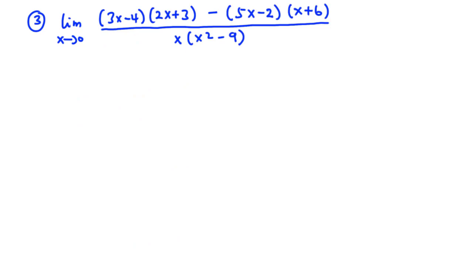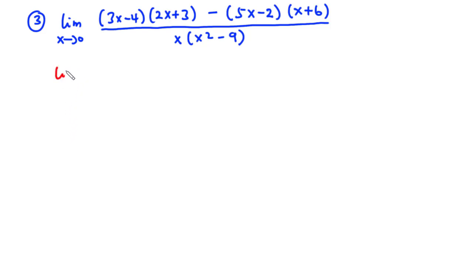So for example 3, let's find the limit of 3x minus 4 times 2x plus 3 minus 5x minus 2 times x plus 6, all divided by x into bracket x squared minus 9 as x approaches 0. Now let's multiply the terms at the numerator.